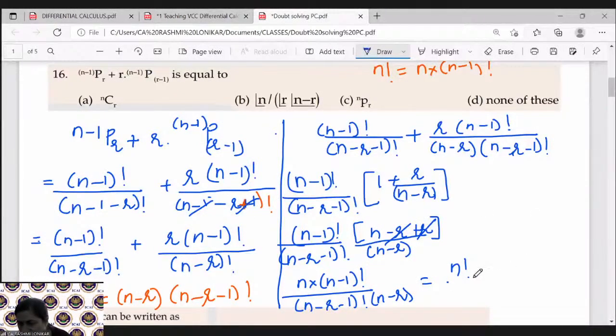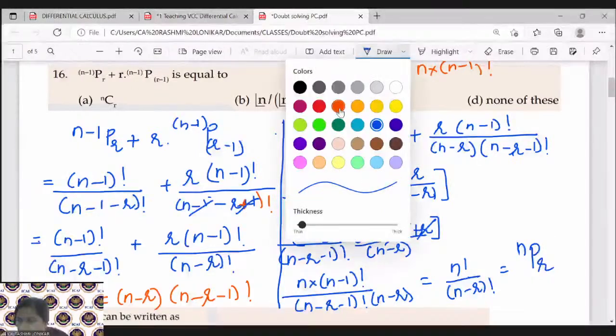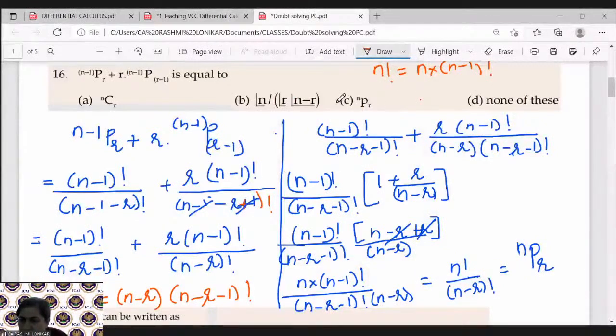So this is nothing but n minus r factorial. What is n factorial upon n minus r factorial? This is nothing but nPr, right? So option C is the correct option.